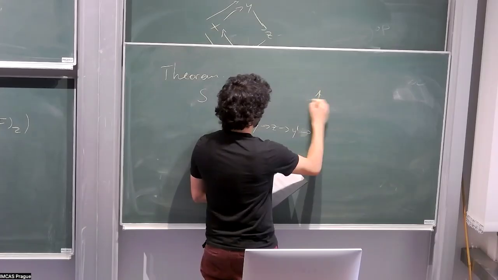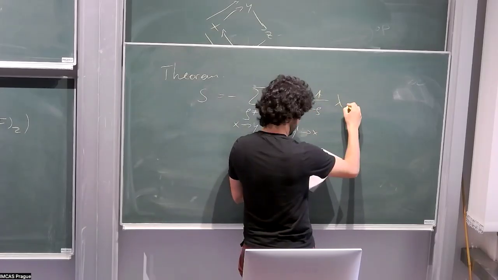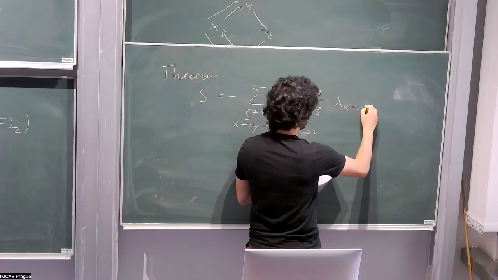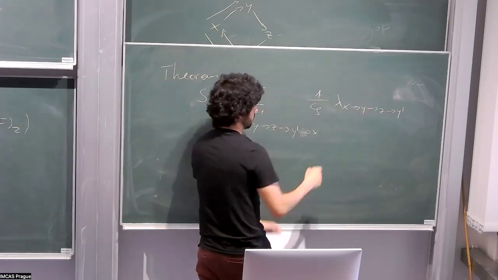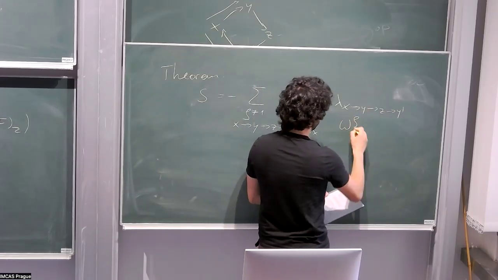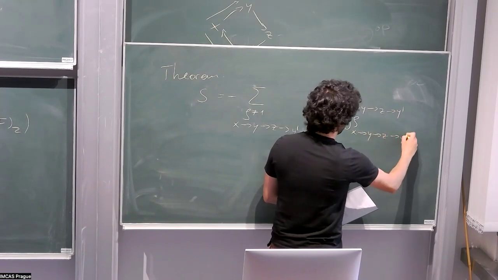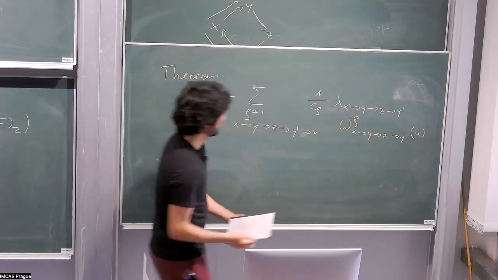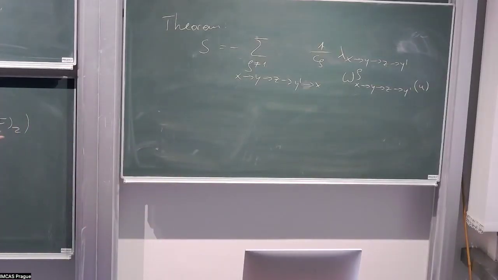And then we have our couplings, and then our weights, and then the Wilson loop along this path. So you get this action.